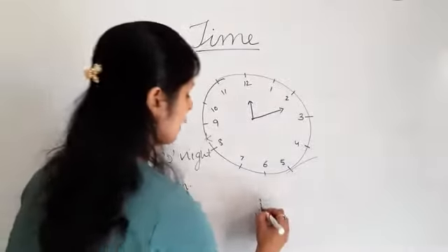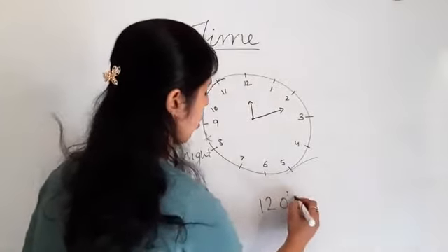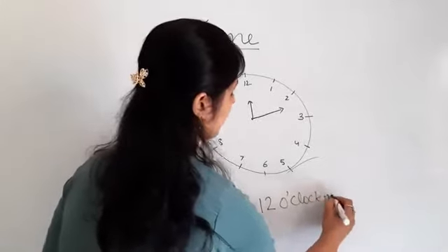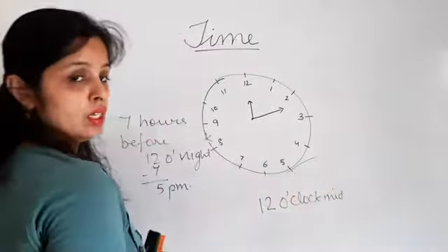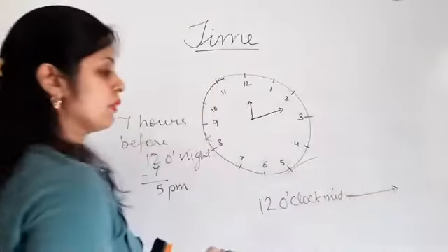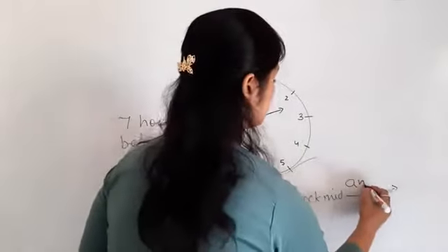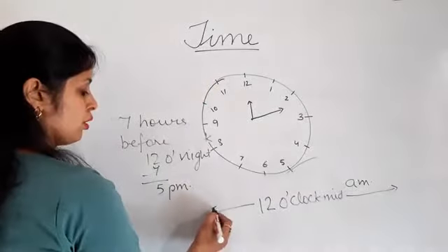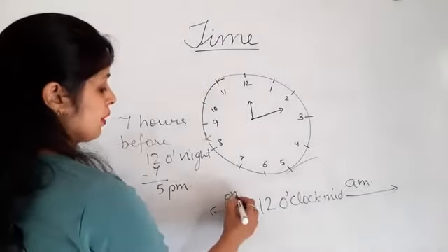Subtracting means, suppose we are having 12 o'clock midnight. Okay, so after 12 o'clock midnight we are having AM, and before 12 o'clock midnight we are having PM.